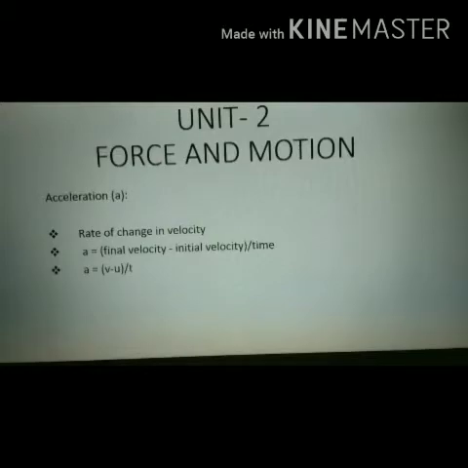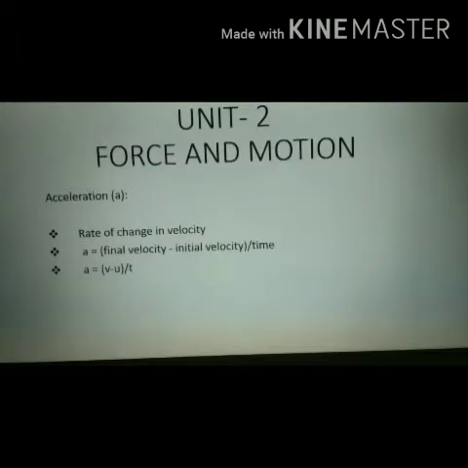Now, can you say what is meant by distance? Yes, distance is the total length of a path taken by an object to reach one place to other. And what is meant by displacement? It is the shortest distance from the initial to the final position of an object.